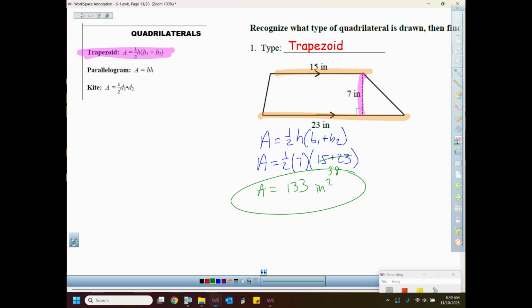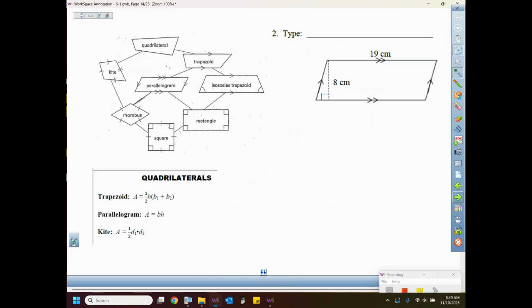So now, as a trapezoid, here we have to recognize the type of quadrilateral, and you see we have 2 pairs of parallel sides. That's our parallelogram in this case. So we do have a formula for him on the yellow card. The parallelogram is base times height. And the height, of course, always has to be something going perpendicular between the 2 bases. It doesn't really matter which one of these we use.